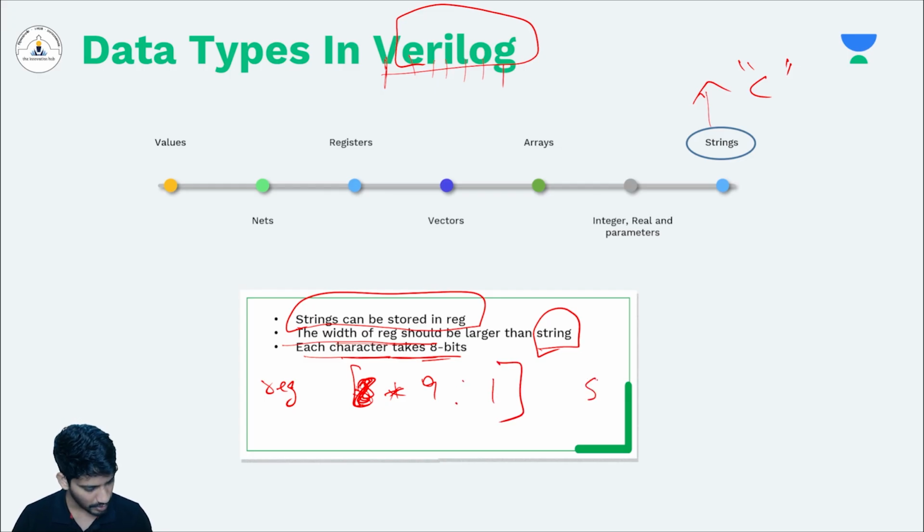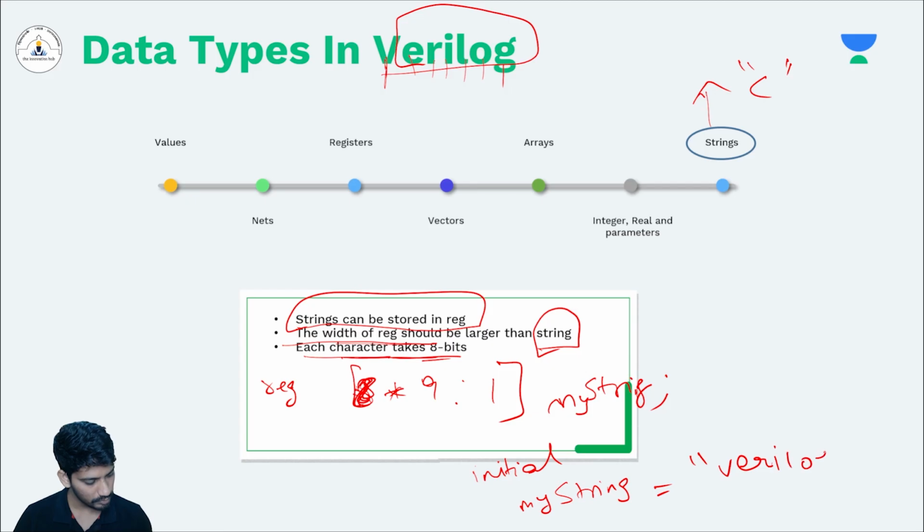So this is my string. Now I'm initializing my process and writing the string. My string is equal to double quotes Verilog. This is how you can define a string.